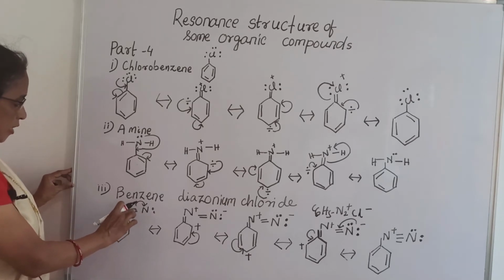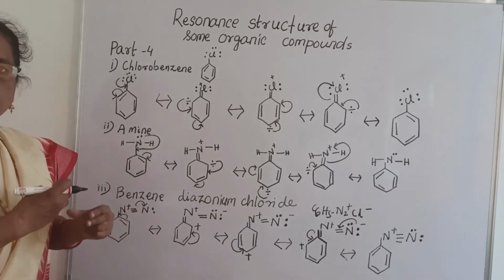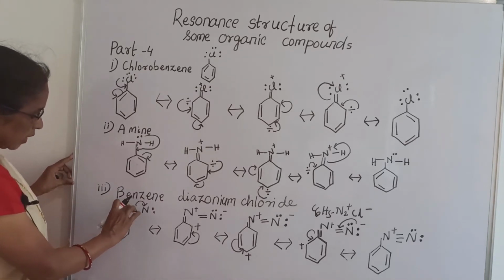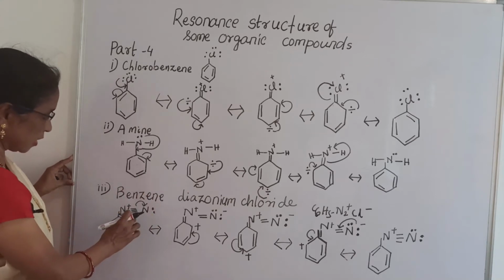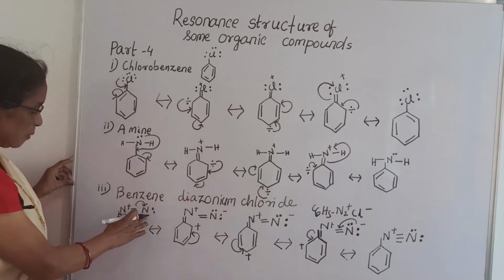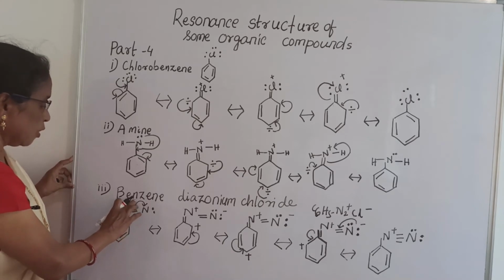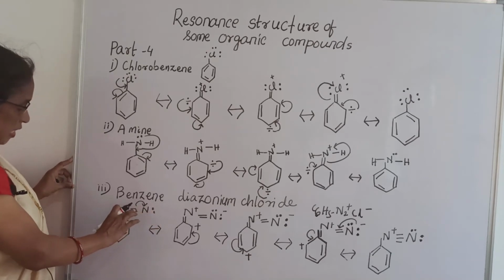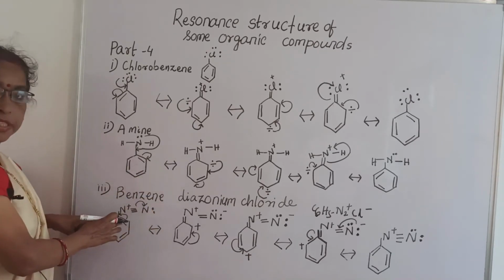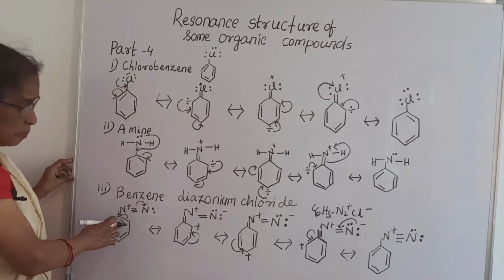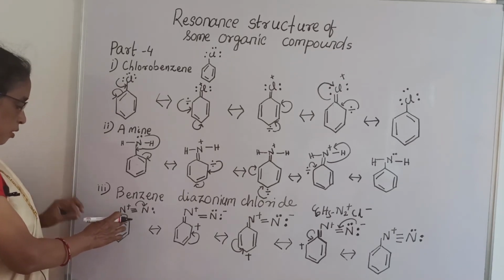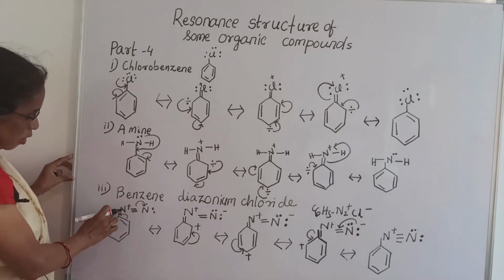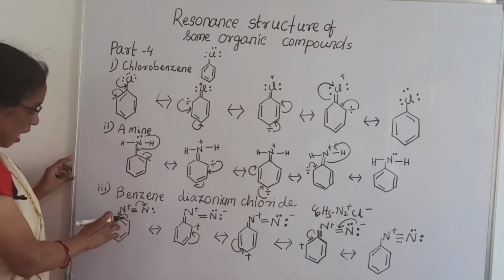Out of the triple bond, each one is a covalent bond, and one electron pair delocalizes to the nearby nitrogen, which contains a pair of electrons. Since it delocalized to this nitrogen, and it contains a double bond, the pair of electrons from this pi bond moves or delocalizes to the adjacent bond which is attached to N2 plus and benzene.